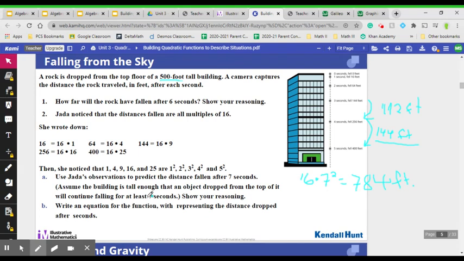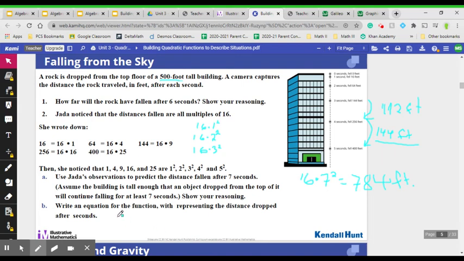So for part B, if we are thinking about our table from before, we basically want to look at where we can get our input of 1 through 5 seconds and then our output. So we're basically doing 16 times 1 squared, 16 times 2 squared, 16 times 3 squared, and that would keep going like that.